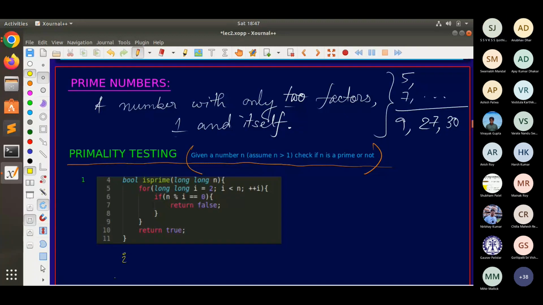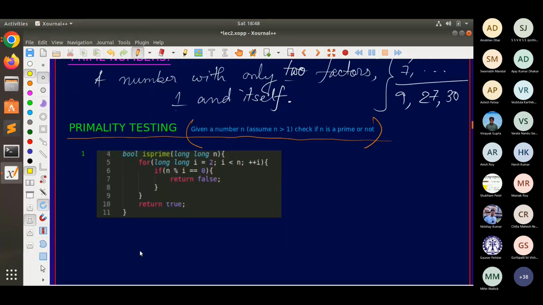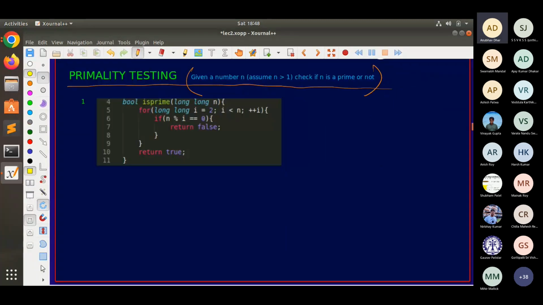Okay, I see that we are ahead of what I was trying to explain. Anyway, so here we are just iterating over all elements in the range 2, 3 up to n minus 1 and checking if any of these divides n. So I think everyone knows this, right?